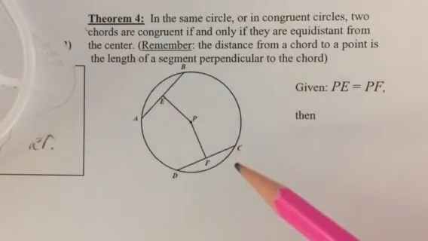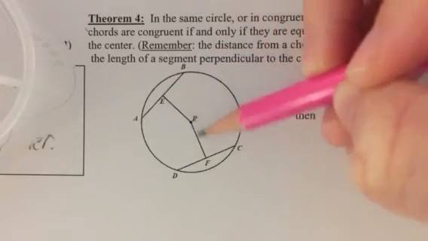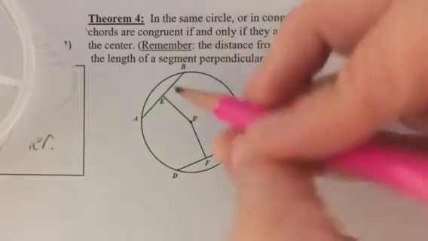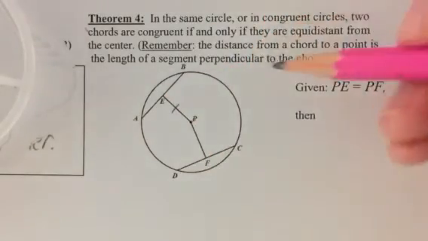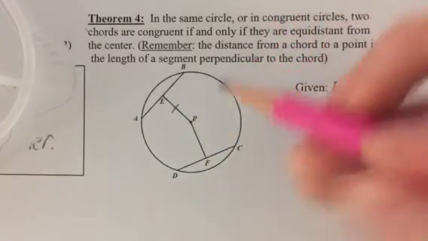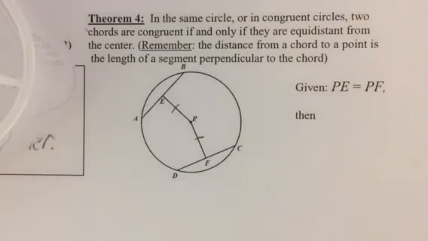They are congruent if you can show that they are equidistant from the center point P. So if you can show the distance, in this case it would be EP, or PE, as they have over here, is equal to distance PF, then you can conclude for sure that AB and CD are congruent. So let's write that down.